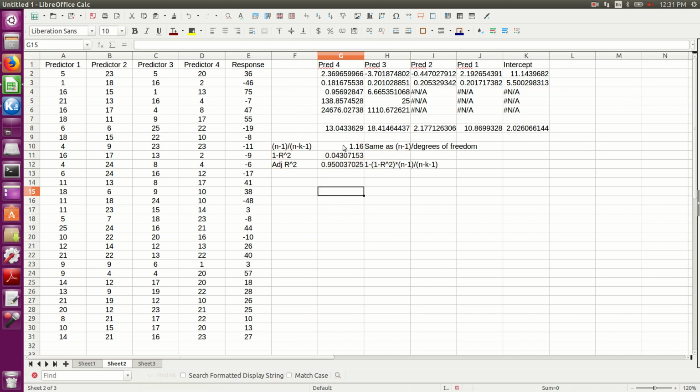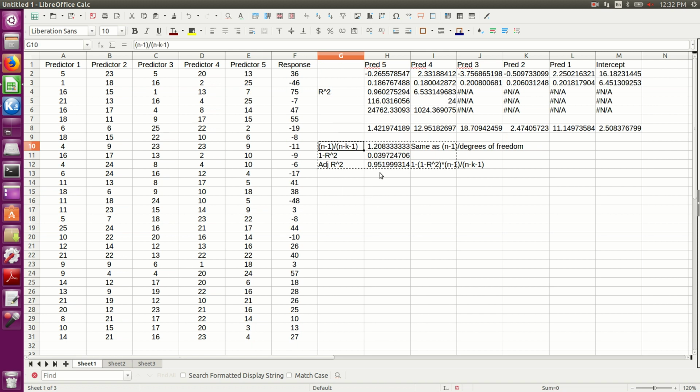And so here I see that this number went down a little bit from 1.2 to 1.16. My 1 minus R squared is there. And I computed a new adjusted R squared just using the same formulas from here, just by doing copy and paste.